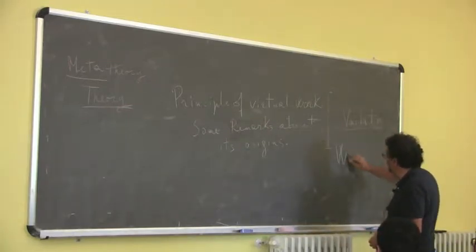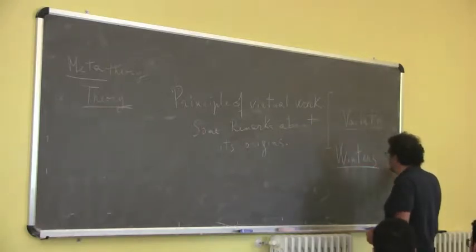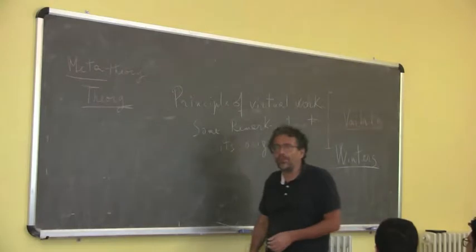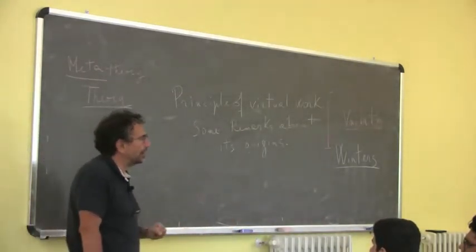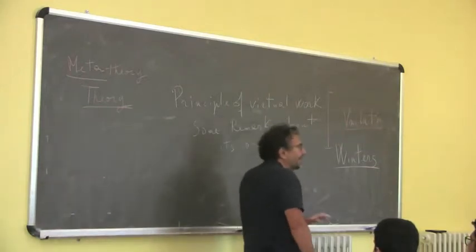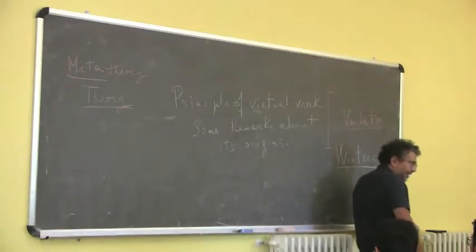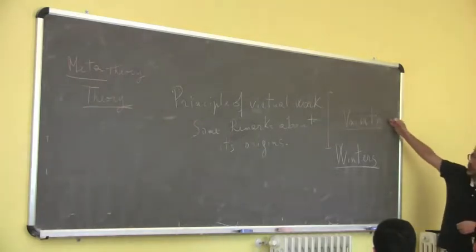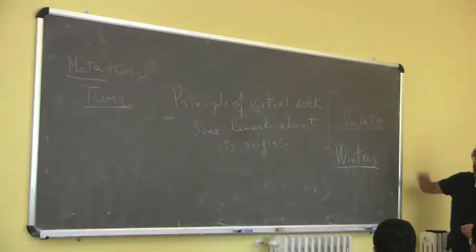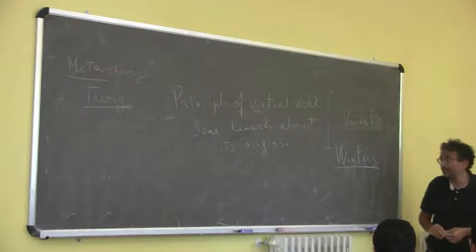This is the theory of Winters from Nebraska University, who wrote a very careful paper about Mechanica Problemata. So what I will tell you is the union of what I have read in Vailati and what I have read in Winters. Okay?